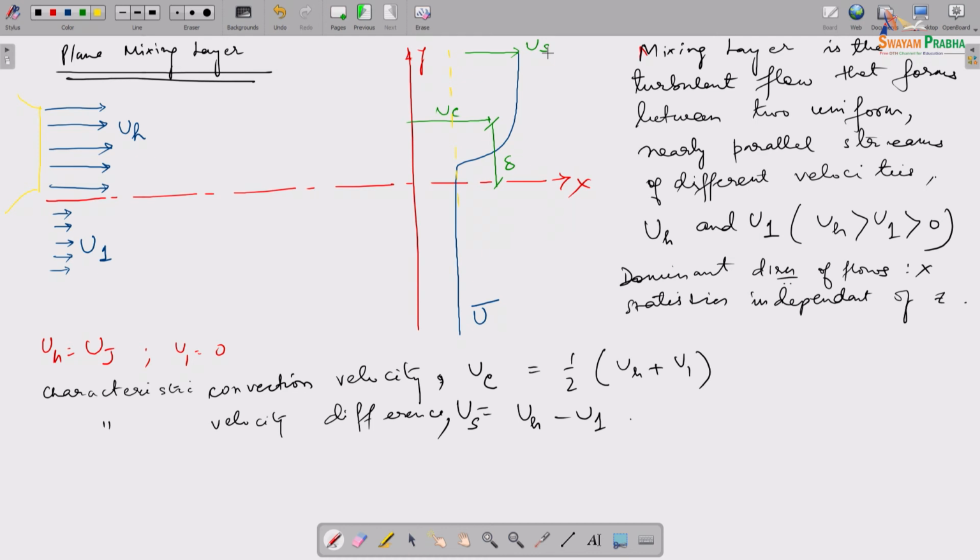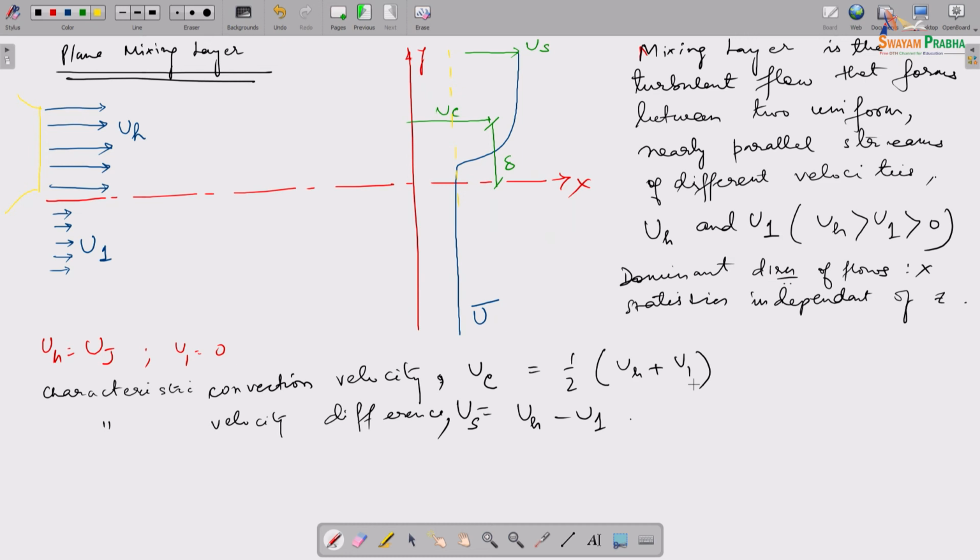Now this US is the difference between the two velocities, and UH plus U1 by 2 is equal to UC, the characteristic convection velocity. So the characteristic convection velocity is the sum of velocities by 2, and the characteristic velocity difference is simply the difference between the two velocities.